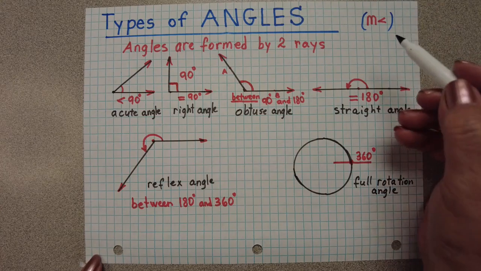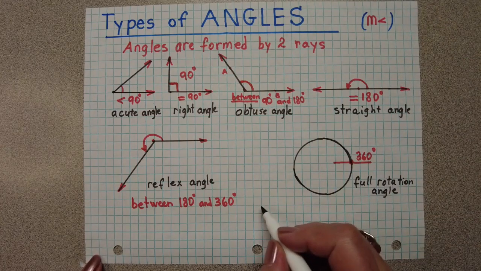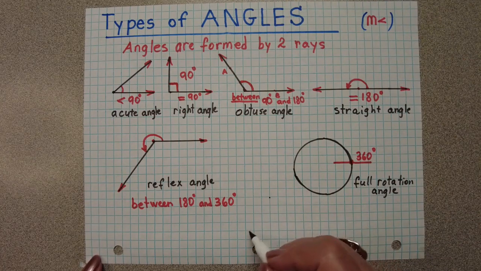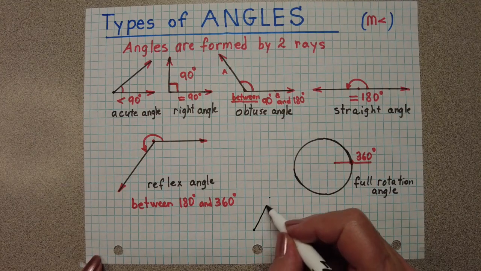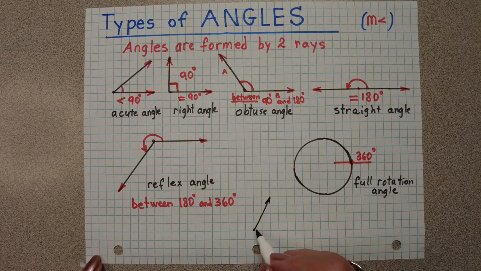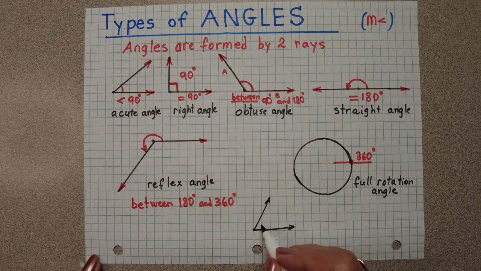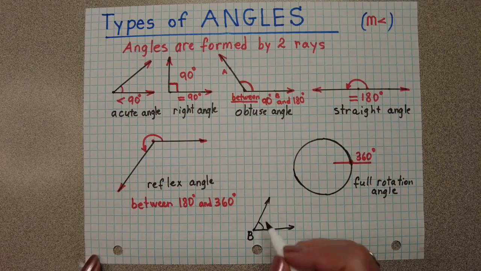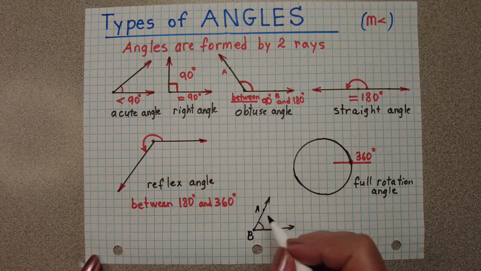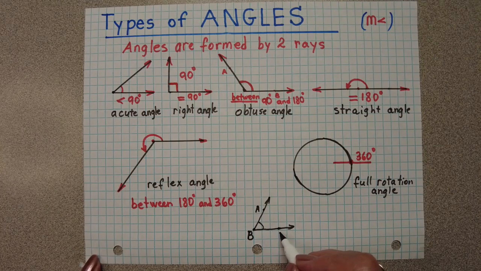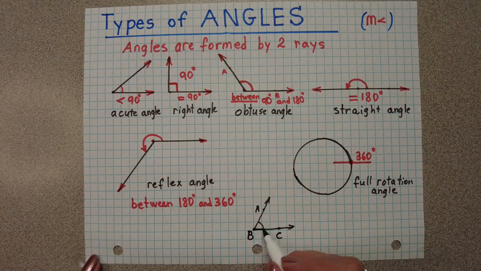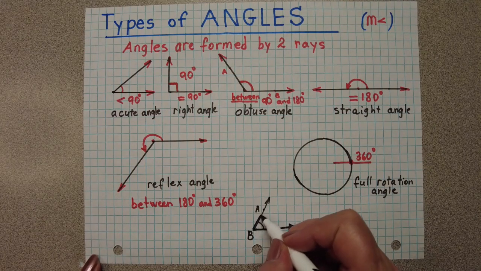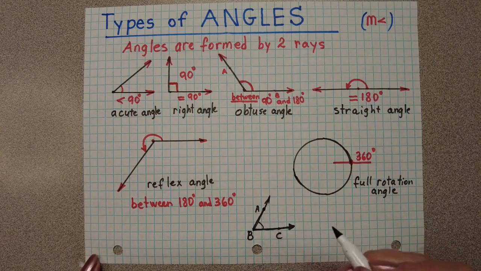Let's say this is the vertex. I make these two rays and get an angle. It doesn't matter right now how much it is. I will put this vertex B, point A, point C, and from this vertex, with these points, I made a ray, and from B to A, I made another ray.